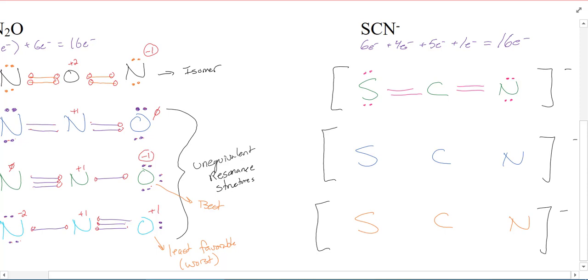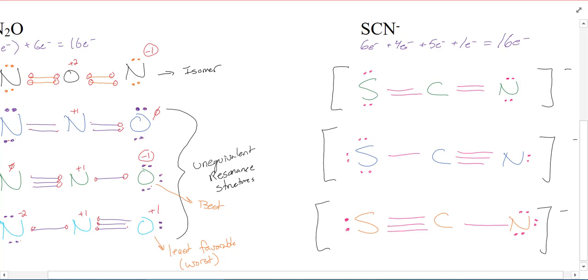In blue, let's single bond the S, so we got 2, 4, 6, 8, 10, 12, 14, 16. I'm going to make this a triple bond. And then down here in orange, I'll make this one the triple bond. So we have 1 pair of electrons there, and then 3 pairs of electrons here.